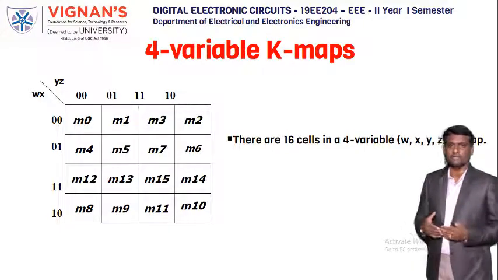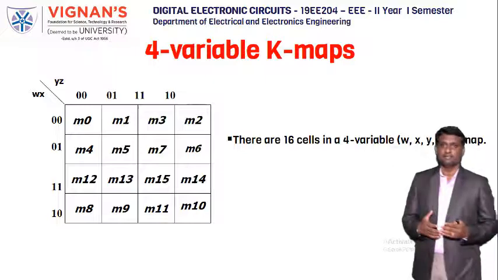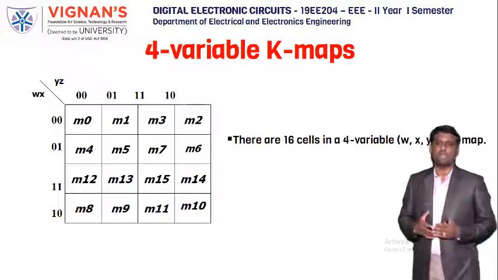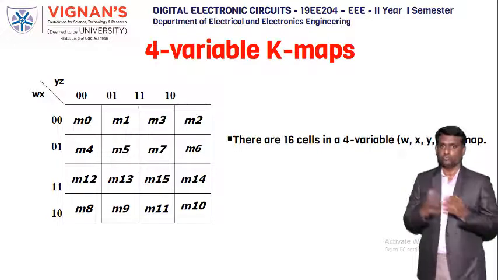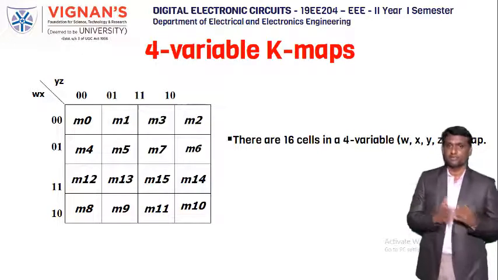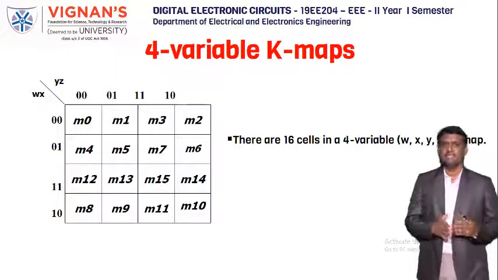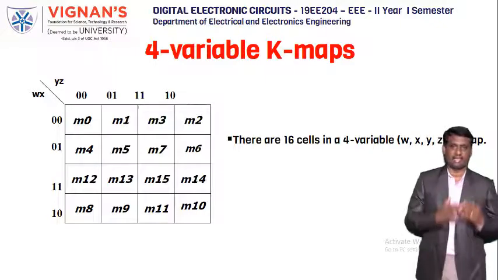If you observe, the cell numbers assigned for the 4 variable K-map are 0, 1, 3, 2, 4, 5, 7, 6, 12, 13, 15, 14, 8, 9, 11, 10.